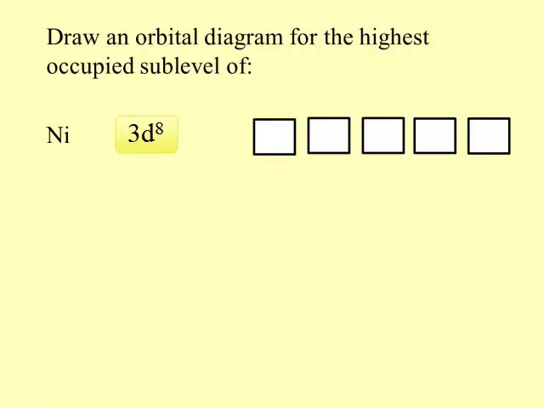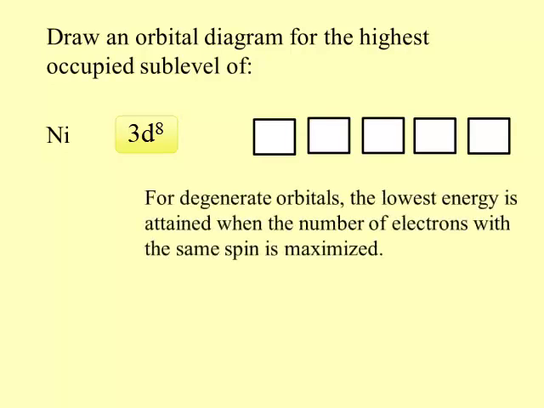How do electrons fill these orbitals? Hund's rule says that electrons won't pair until they have to. Even more specifically, Hund's rule says that for degenerate orbitals, the lowest energy is attained when the number of electrons with the same spin is maximized.